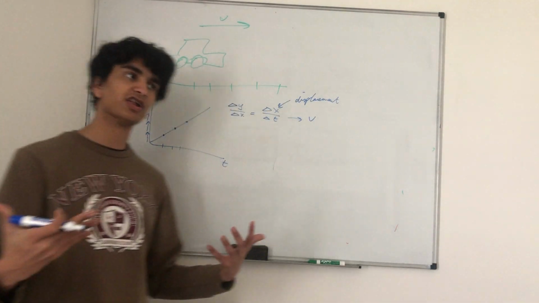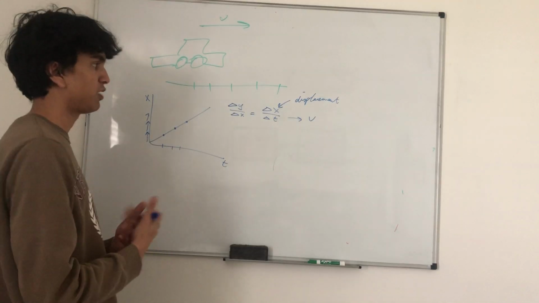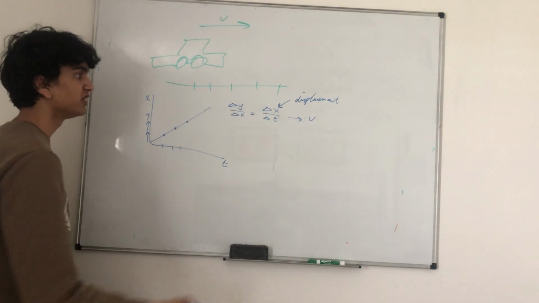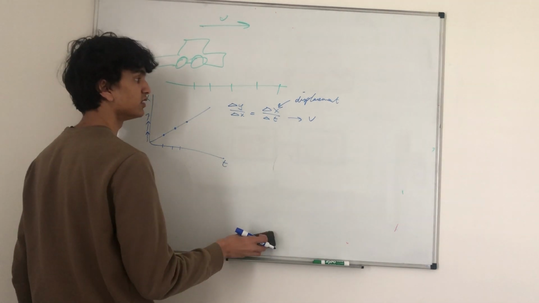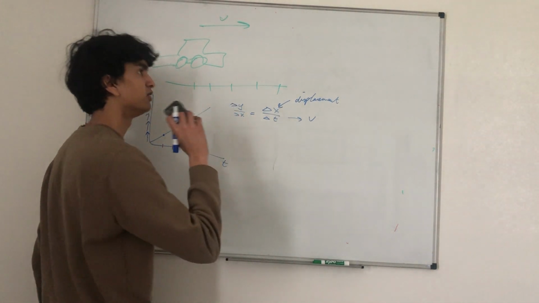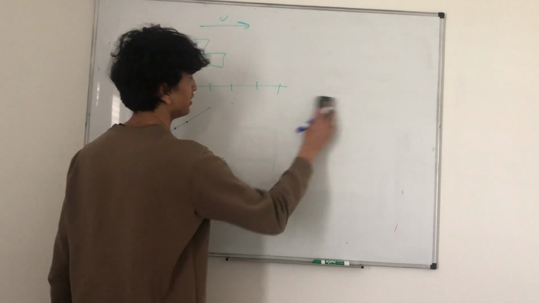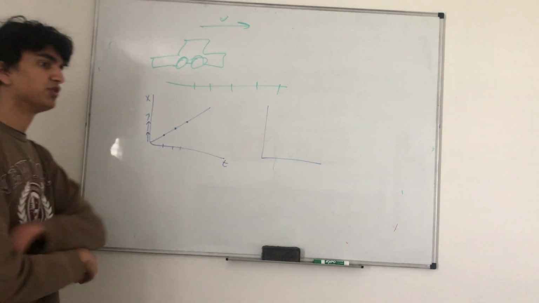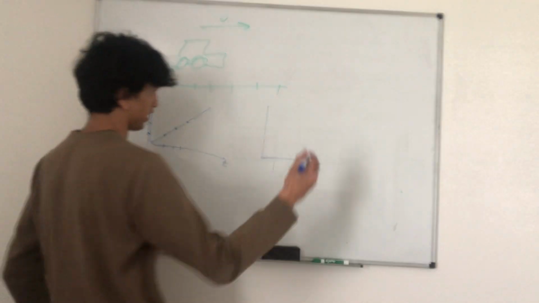That's really just what velocity is, how much you are displacing. So if you have a straight line, constant velocity, that means your speed is constant and your direction is constant. I don't know of a scenario where your velocity is the same but your speed is changing. I don't think that exists, but I could be wrong.